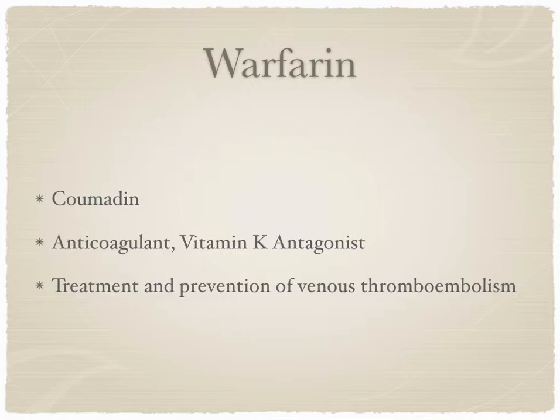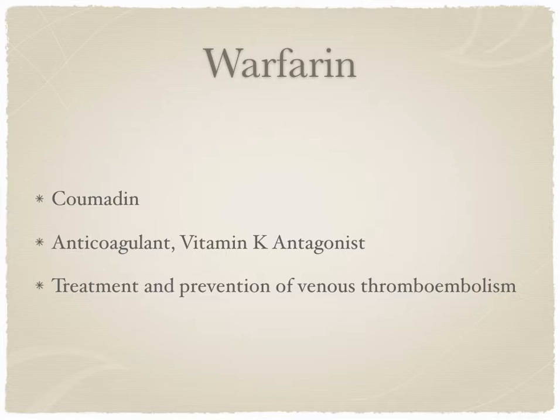Because warfarin works by deactivating vitamin K, it has a lot of interactions with other drugs and also with food that contains vitamin K. Vitamin K is very enriched in green leafy vegetables like spinach, broccoli, and salads and stuff like that. So anything green.